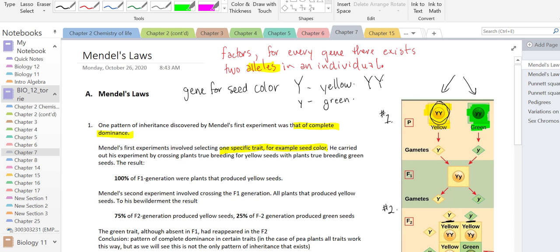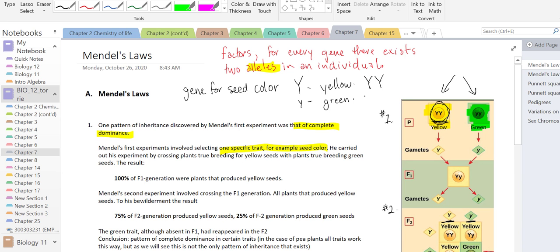Remember, two alleles for each individual because you're inheriting one chromosome from mom and one chromosome from dad. In this case, this plant inherited both yellow genes or yellow alleles for seed color. So therefore it's true breeding.